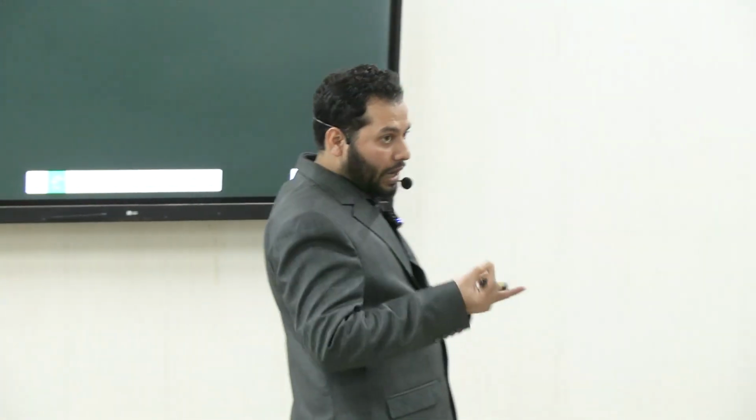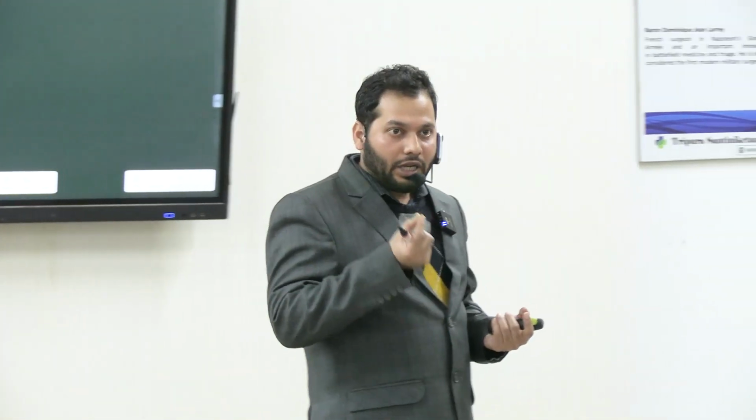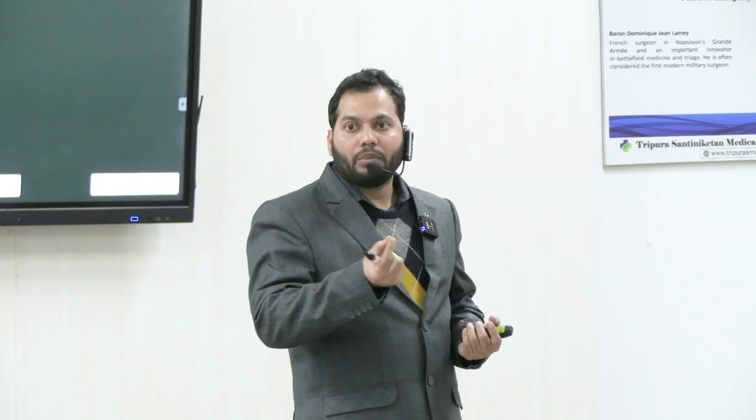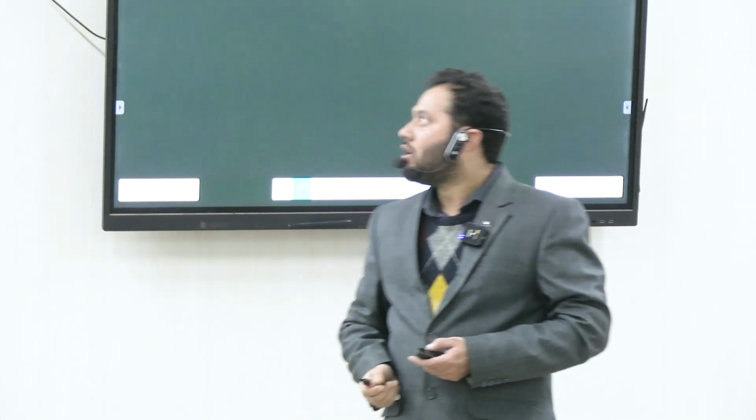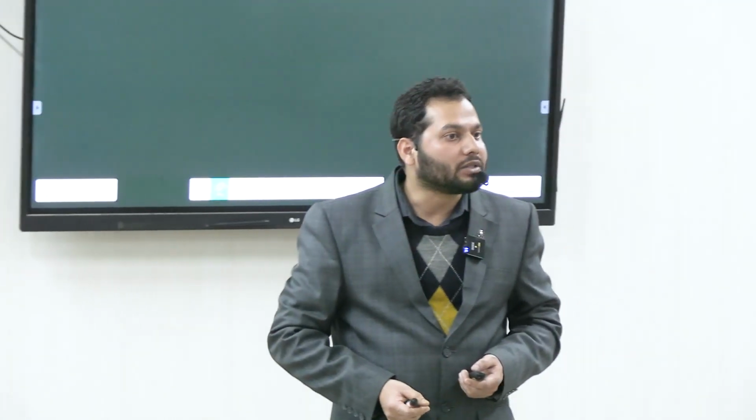A question may ask, what is the source of alpha-1 antitrypsin in the respiratory system? Which type of cells are involved in the production of alpha-1 antitrypsin? Obviously, it is type 2 cells.